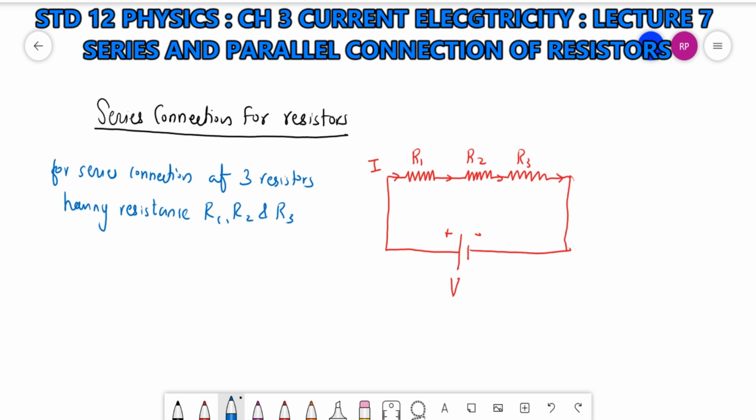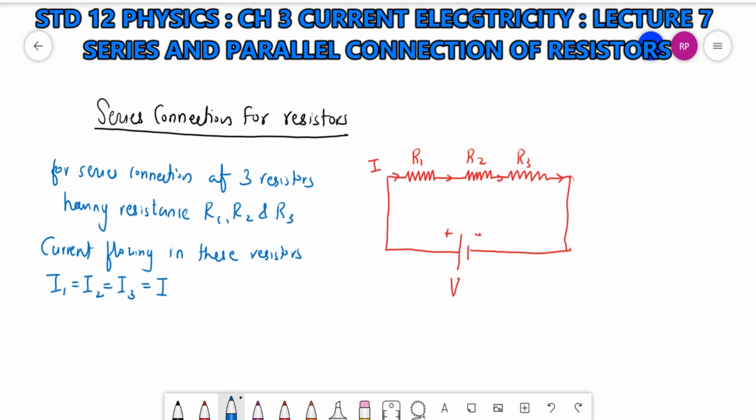Now as there is only one path available to flow, the current flowing in these resistors, I1 will be equal to I2 will be equal to I3. Let's take it as I. Remember, in series connection of resistors, the current flowing through each resistor is same.